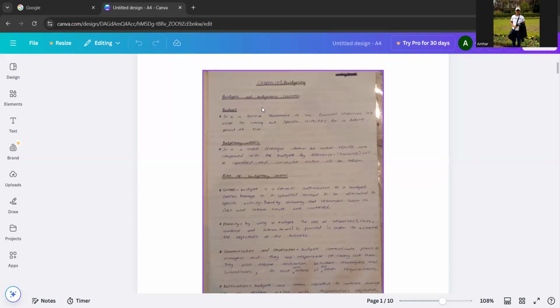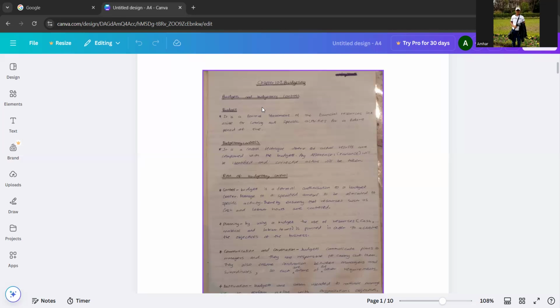Yeah, I do. Okay. Now look at budgetary control. It is a control technique where the actual results are compared with the budgets. We compare actual results with the budgeted figure, and any difference will be the variance.